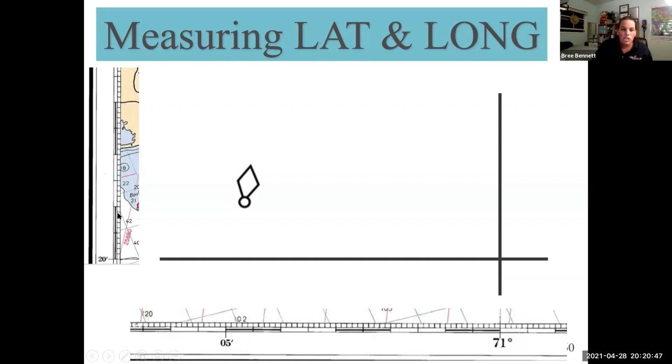And then each little black and then white and then black and white is 1 minute. So this is our 20, 21, 22, 23, et cetera. So how do we find where this buoy is when measuring the latitude and longitude?